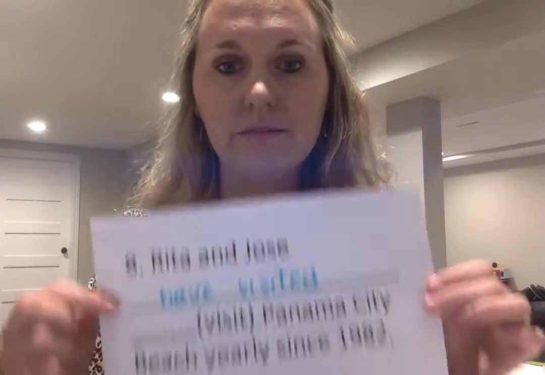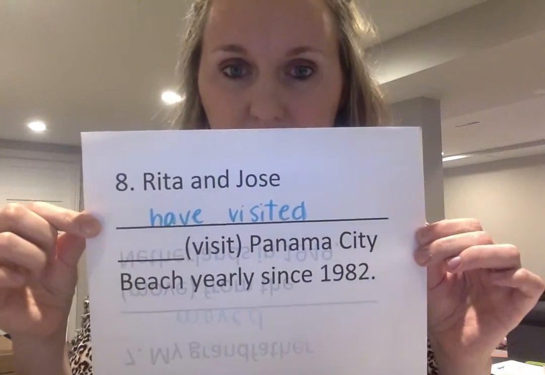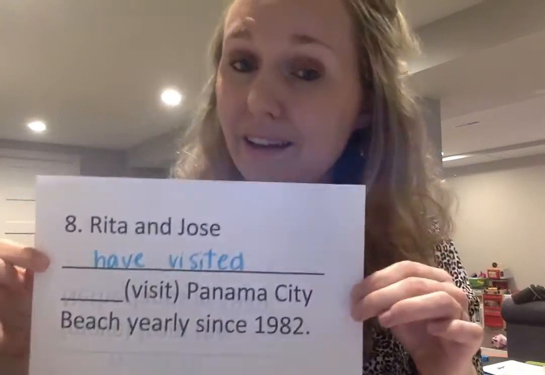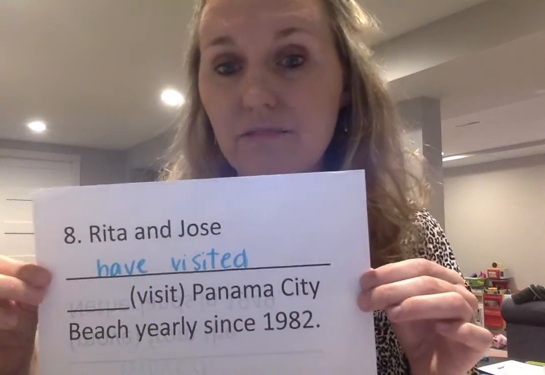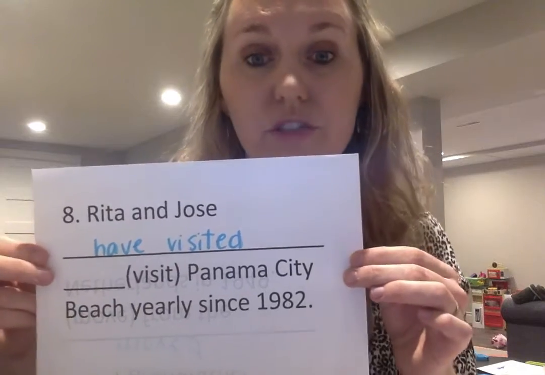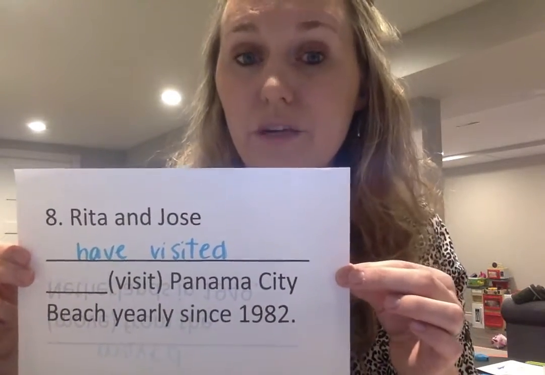All right, number 8 is a bit tricky. Rita and Jose visit Panama City Beach yearly since 1982. Now, do we use the simple past or do we use the present perfect? For this example, I've used present perfect, have visited, because this indicates that they're still visiting there every year. Now, you could argue that you can use just visited if maybe they no longer visit Panama City Beach each year.